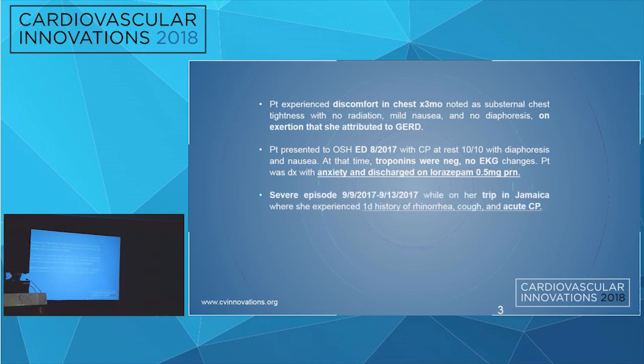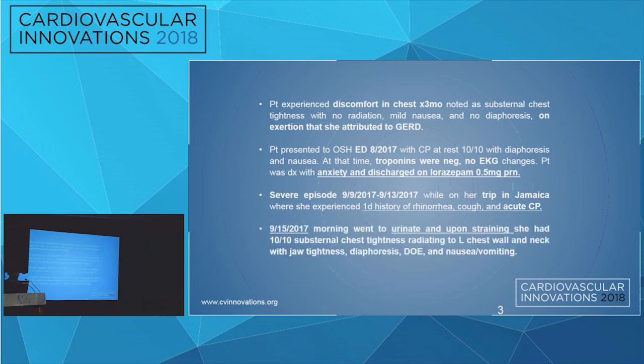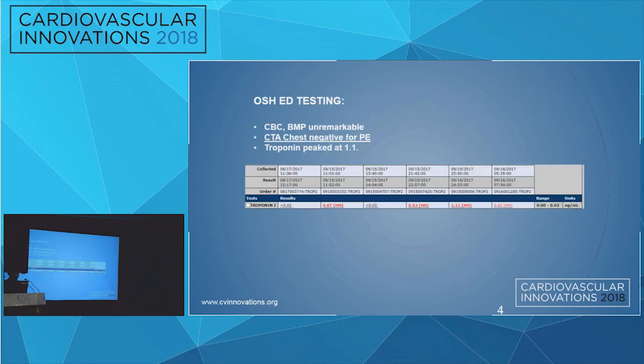She went to Jamaica for a vacation in September, and there she also had some atypical symptoms of cough, URI symptoms, and acute chest pain. She eventually presented on the 15th of September with chest pain after going to urinate. She felt acute chest pain with diaphoresis, dyspnea on exertion, nausea, vomiting, more typical symptoms.